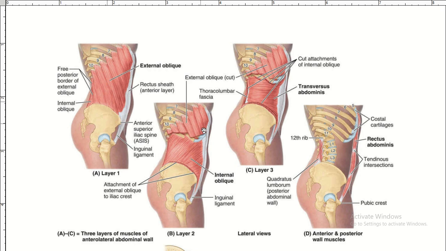Good. Now, let's take a look at the internal oblique a little bit. This is the internal oblique.